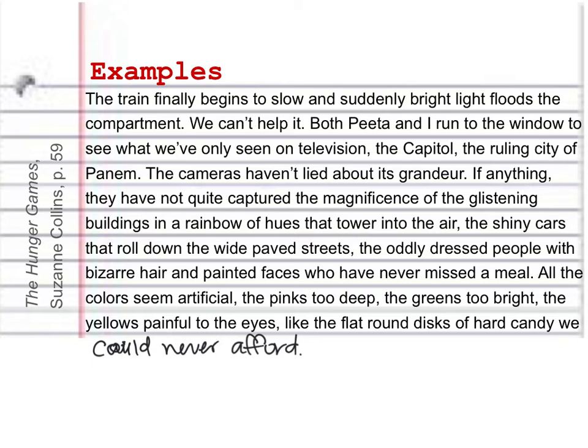If anything, they have not quite captured the magnificence of the glistening buildings in a rainbow of hues that tower into the air, the shining cars that roll down the wide paved streets, the oddly dressed people with bizarre hair and painted faces who have never missed a meal. All the colors seem artificial, the pinks too deep, the greens too bright, the yellows painful to the eyes, like the flat round discs of hard candy we could never afford.